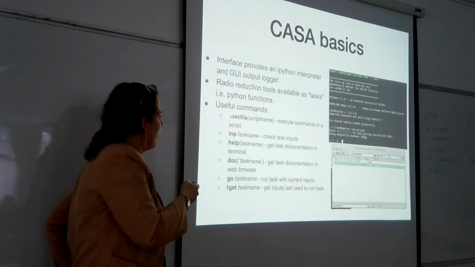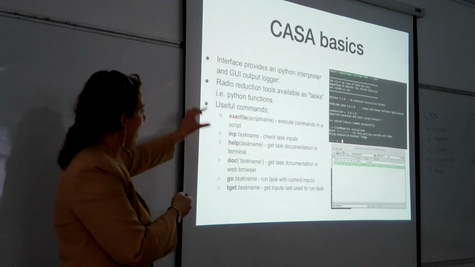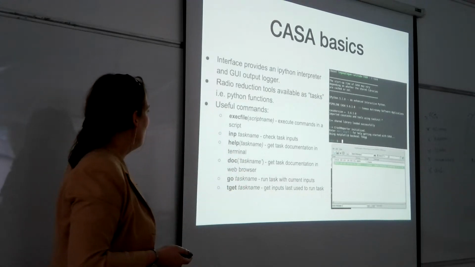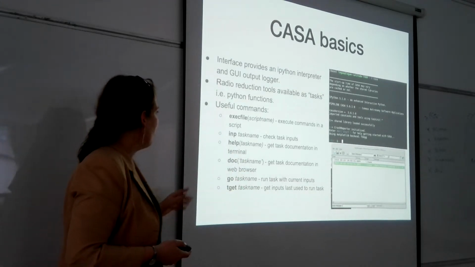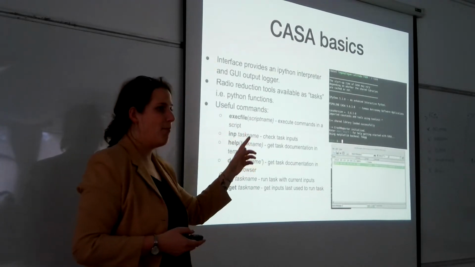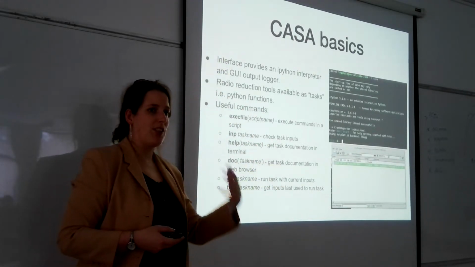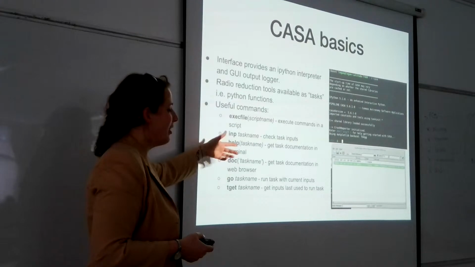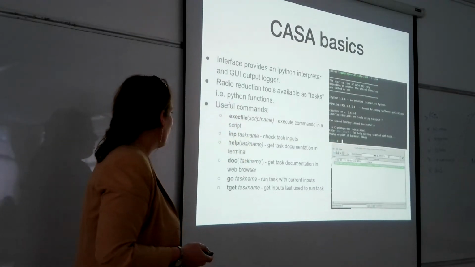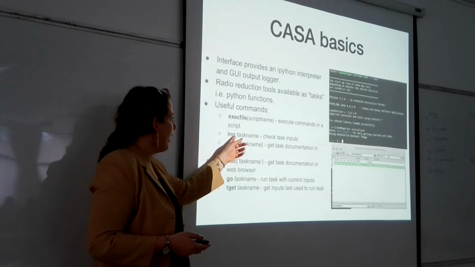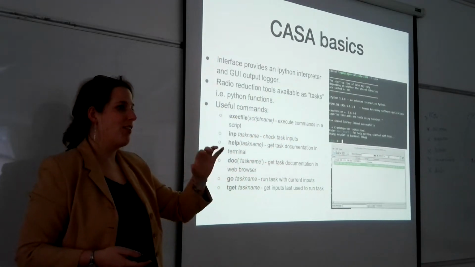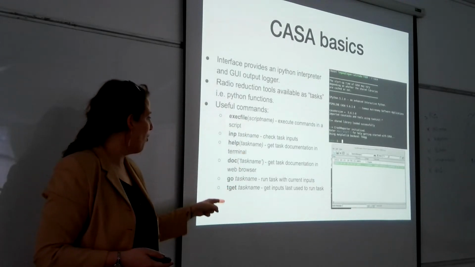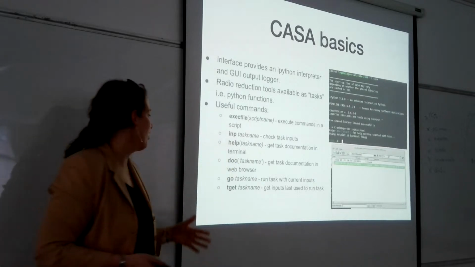A task is usually something like the name of the task, and then in between brackets you give the parameters for that task. If you type inp and then the task name, it will list all the possible parameters that you can set for that task. You can also do help or documentation to get more information about that. You can also set each of your parameters individually, and then finally when you fill in all these parameters, you type go, and then it will run with the parameters that are set.